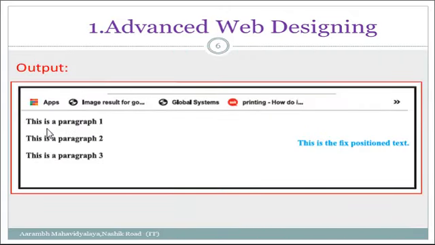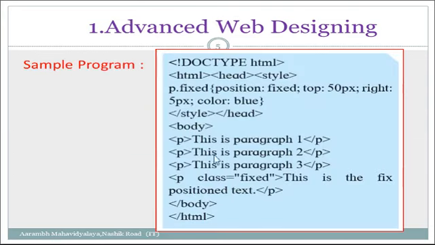Here 3 paragraph data, paragraph 1, paragraph 2 and paragraph 3. We have not provided any class here, therefore it will not have any effect. But for this data it is having the blue color as well as, let's see here, top with 50 pixel and right 5 pixel.